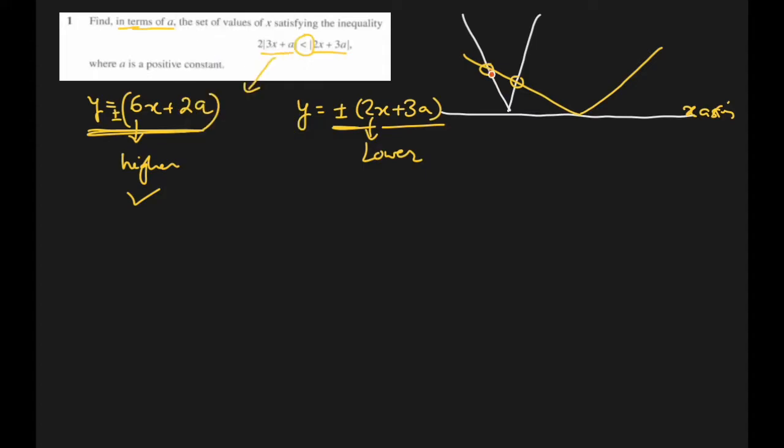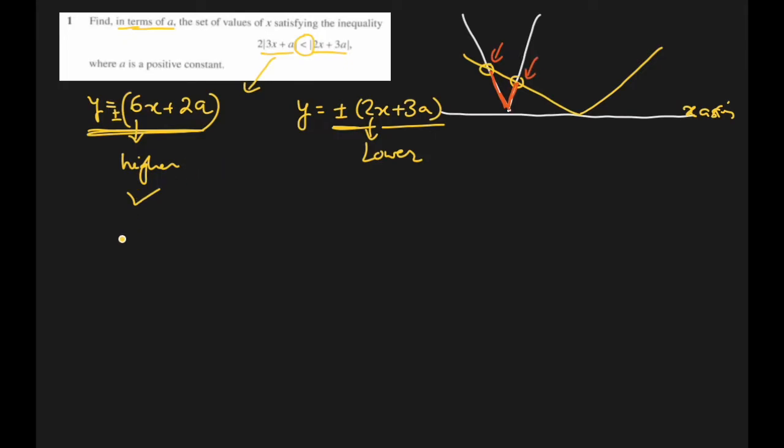So this will be your answer, where the higher gradient graph is below the lower gradient graph. If we find their points of intersection, we'll just write that the answer is between those 2 points.